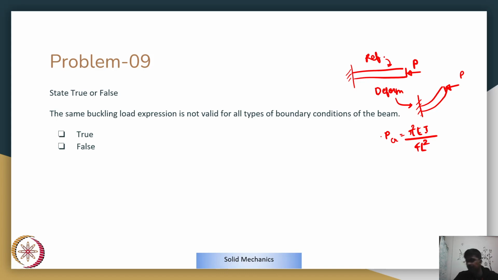This is for this particular type of boundary condition, but your expression for the buckling load would change if you have a different boundary condition. So the same buckling load expression is not valid for all types of boundary conditions.